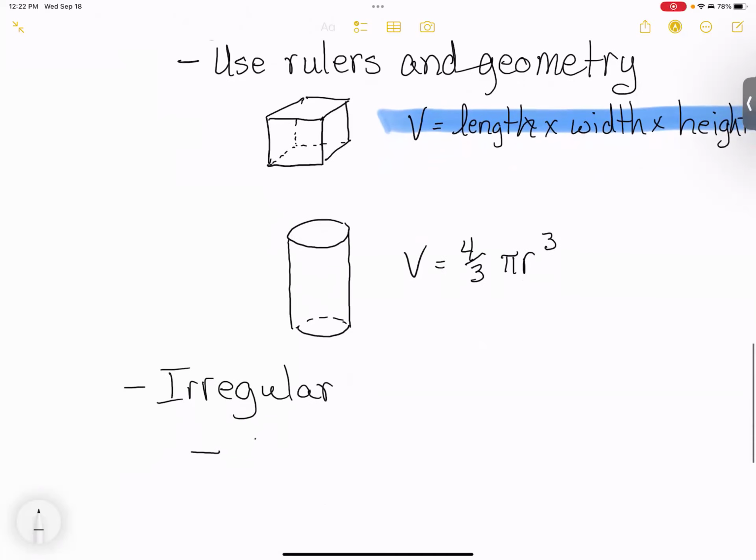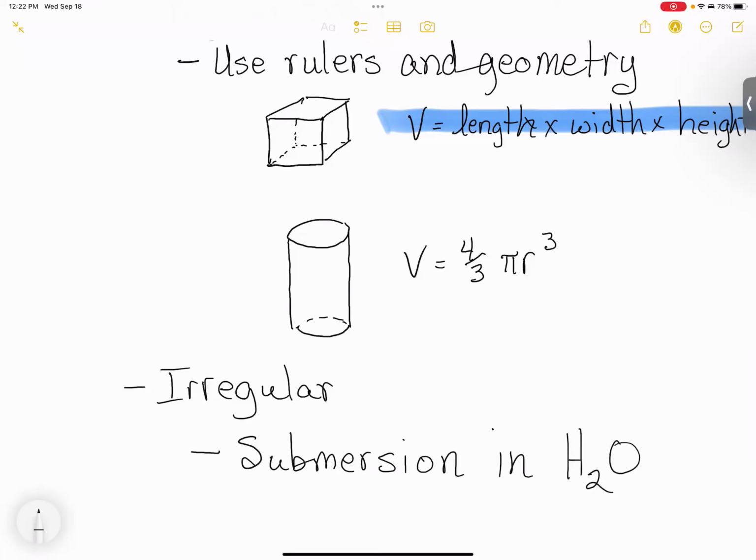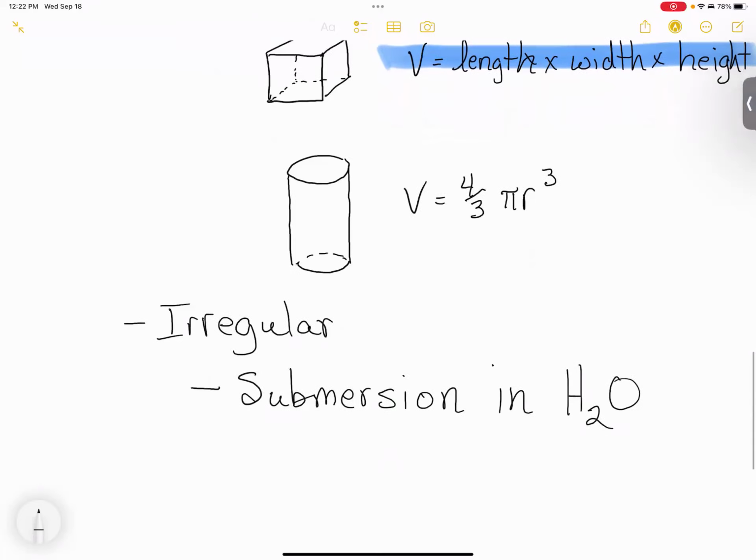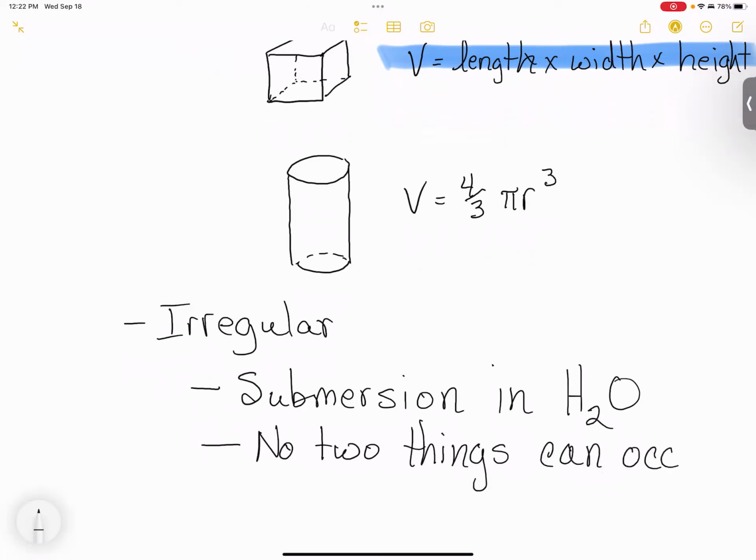We do that usually through submersion in something like water. And the reason we can do this is because no two things can occupy the same space.